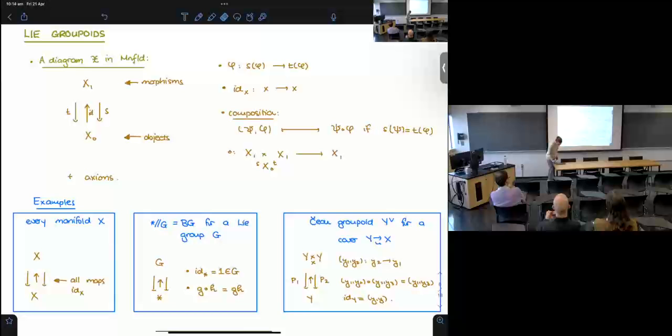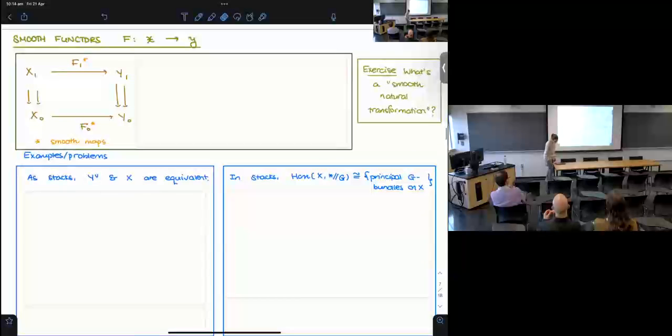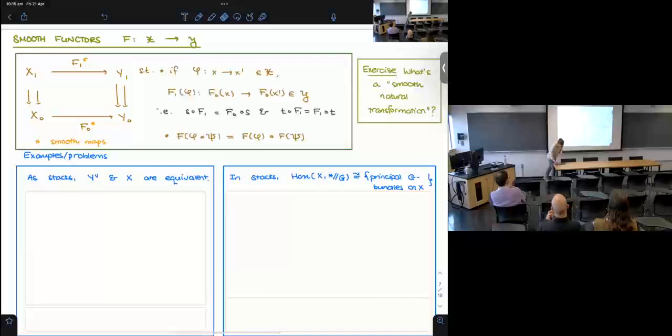Okay, so those are the objects in my 2-category of Lie groupoids. And let me say what are smooth functors. So you can guess, right? I draw my diagram. Here's my source groupoid X, and here's my target groupoid Y. And I want smooth maps between objects and morphisms that are compatible with morphisms.